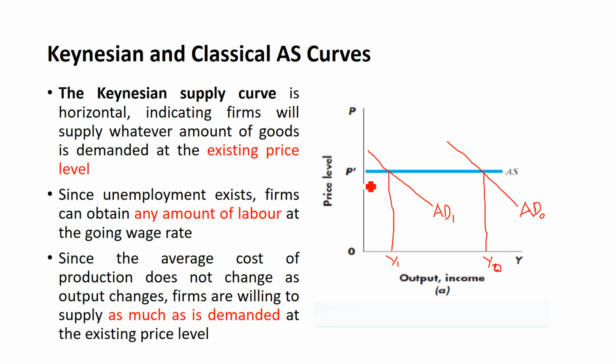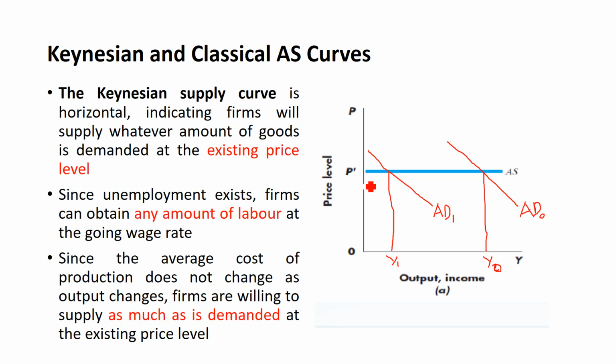In the Keynesian case, we are thinking about an economy which is characterized by very, very high levels of unemployment and lots of underutilized or unutilized resources. And since such a great amount of unemployment exists, it could be argued that firms will be able to obtain any amount of inputs that they need, including labor, at the going wage rate. In other words, when firms experience an increase in the demand for goods and services, they would be able to expand output by hiring more labor, for example.